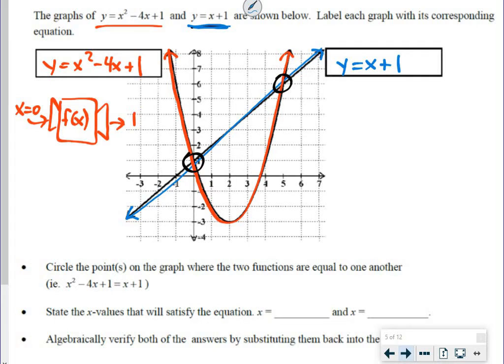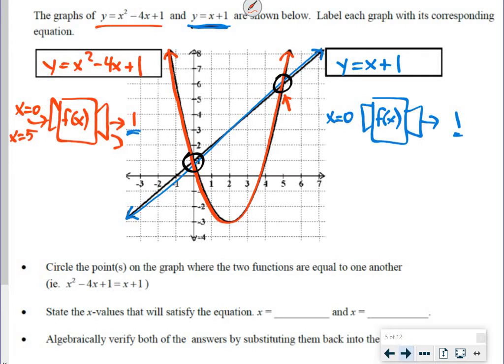And similarly with this other function machine, when I feed in a value of x equals 0, the function spits out a value of 1 as well. So that's consistent with the other machine. And if I were to feed in x equals 5, this function spits out a value of 6.